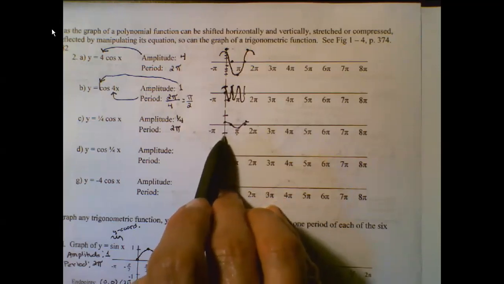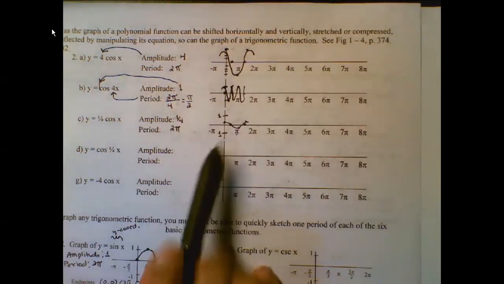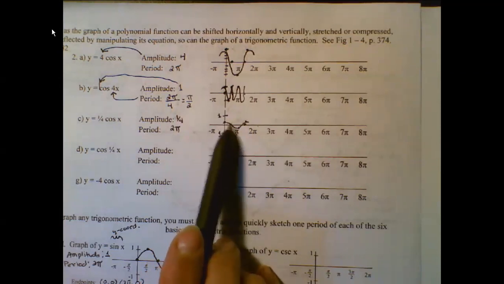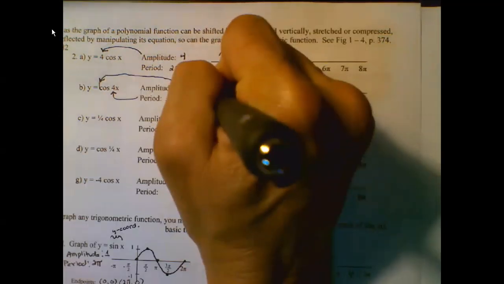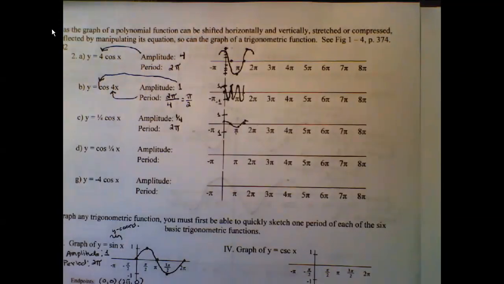Is that 1 or is that 1/4? Oh, my tick marks. You know what? Yes. It would help if I would label them. They were 1s, so it only goes up to 1/4 and down to -1/4. Okay, that makes a lot more sense. I got it now. Unless I label my tick marks, I always mean -1 and +1. But I could be more clear on that. All right, you're right.